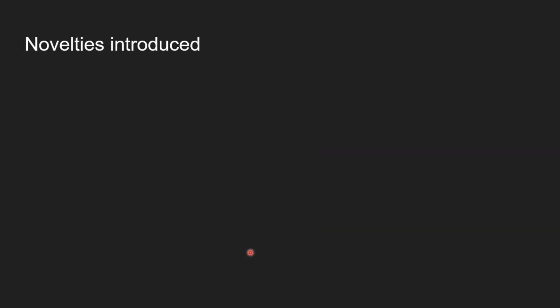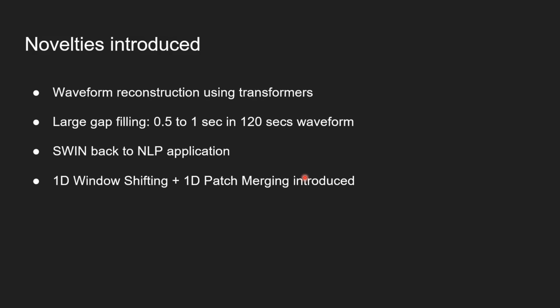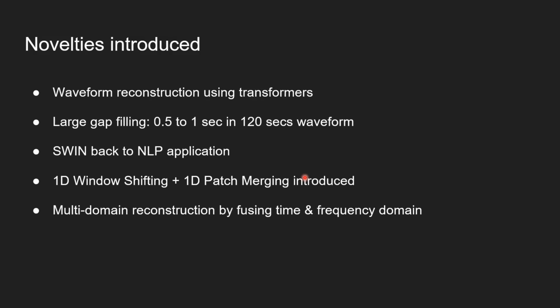Coming to the novelties that we are trying to introduce through this architecture. First of all, we are trying to do waveform reconstruction using transformers. It's not out there. We are attempting large gap filling. We are taking Swin back to an NLP application. And we have done our own implementation of 1D window shifting and 1D patch merging.